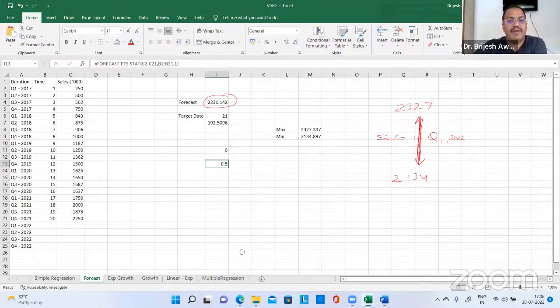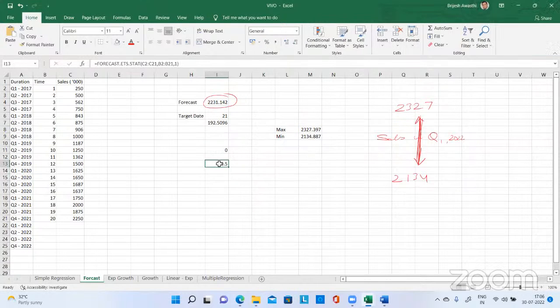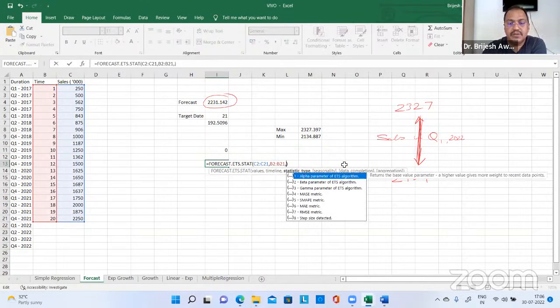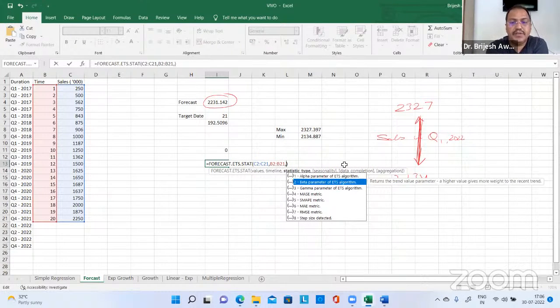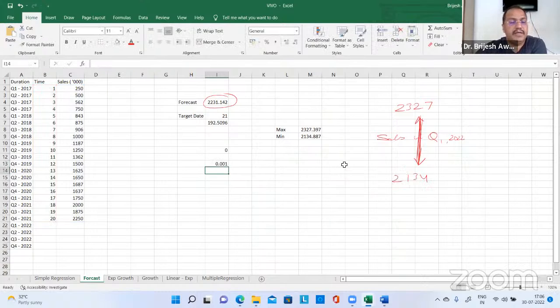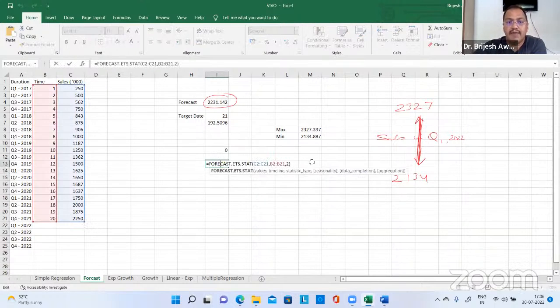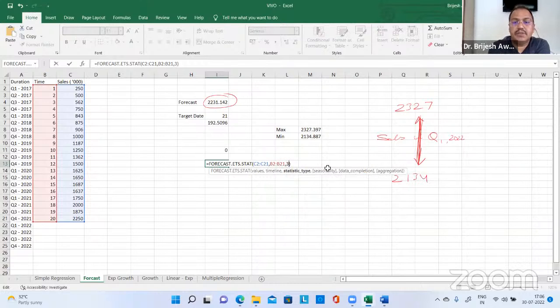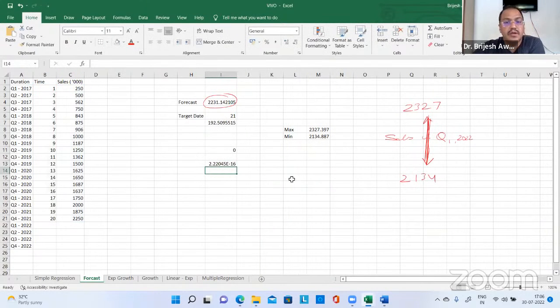You will get the alpha parameter, that is 0.5. If I want to calculate the beta parameter, this is the beta parameter. Then enter. Beta parameter is 0.001. If I'm talking about the gamma parameter, I will choose the third one. That is the gamma parameter, and this is 0.000 something.